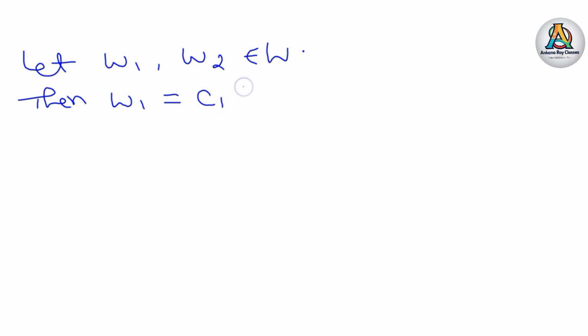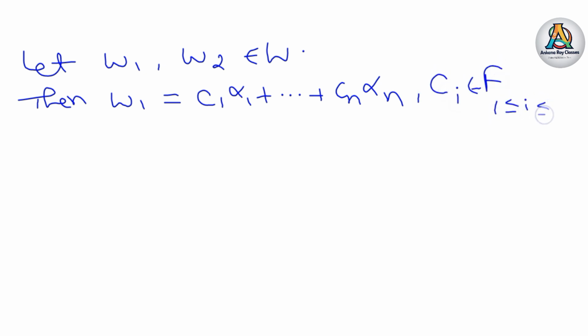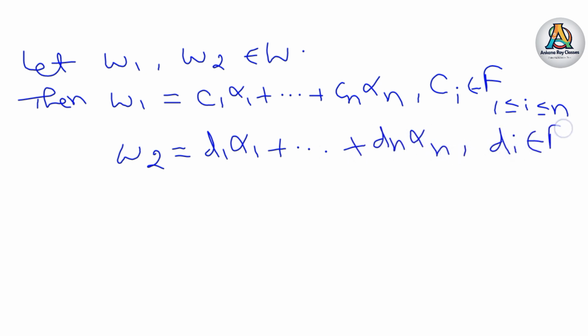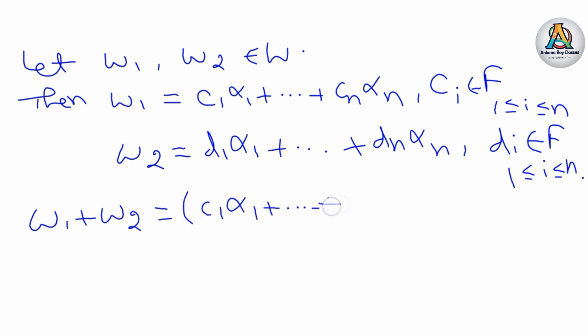Let W1 and W2 belong to capital W. Then W1 is equal to C1 alpha 1 plus C2 alpha 2 up to Cn alpha n, where Ci belongs to capital F for all 1 less than or equal to i less than or equal to n, and also W2 is equal to D1 alpha 1 plus D2 alpha 2 plus up to Dn alpha n, where Di belongs to capital F. So W1 plus W2 is equal to C1 alpha 1 up to Cn alpha n plus D1 alpha 1 up to Dn alpha n.